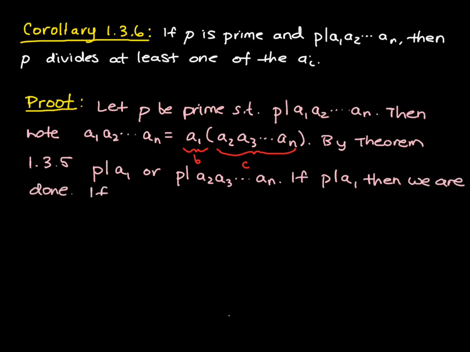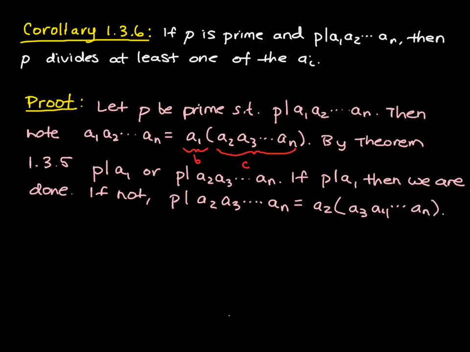If not, then P must divide the other product. So P divides a2 times a3 times up to an. We can write this as a2 times the product of a3, a4, all the way up to an.